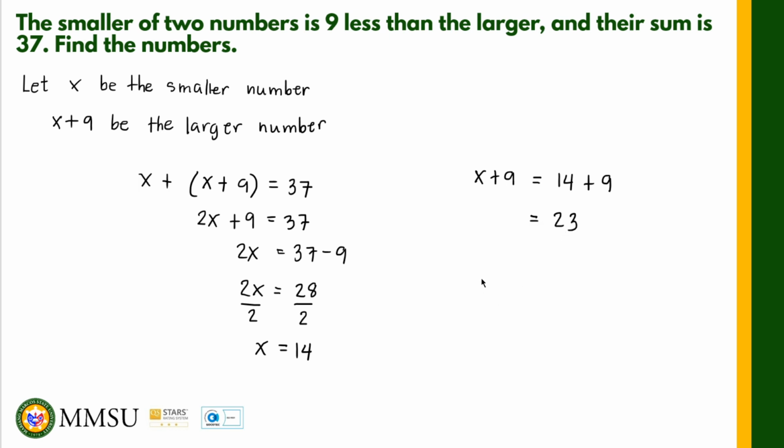So as our conclusion, since we have solved for the two numbers, the two numbers are 14 and 23. So that is our conclusion for this problem.